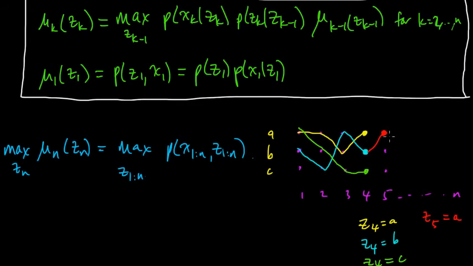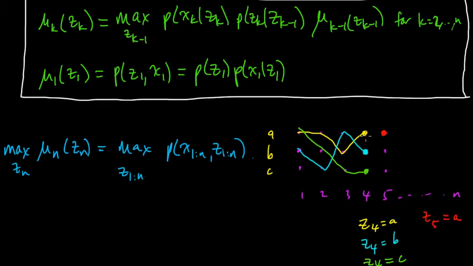This is saying that a maximizing path that ends at z5 equals a can be obtained by appending a to one of the maximizing sequences that ended at one of the z4s. So in other words, we only have to check these three possibilities.